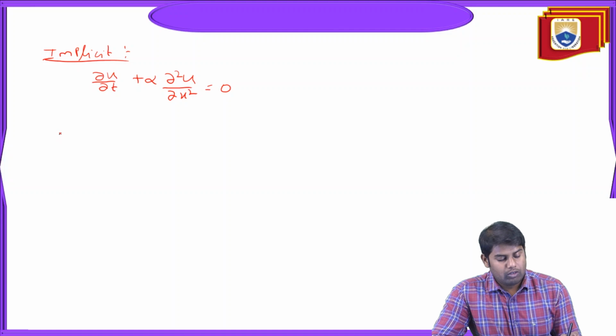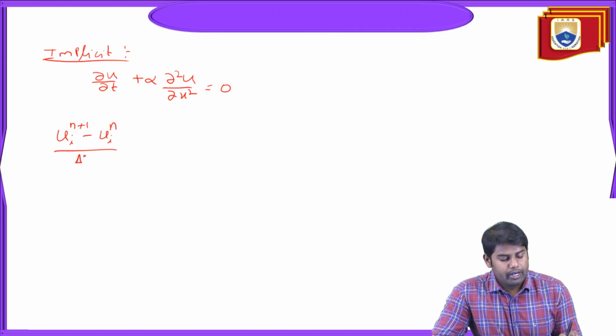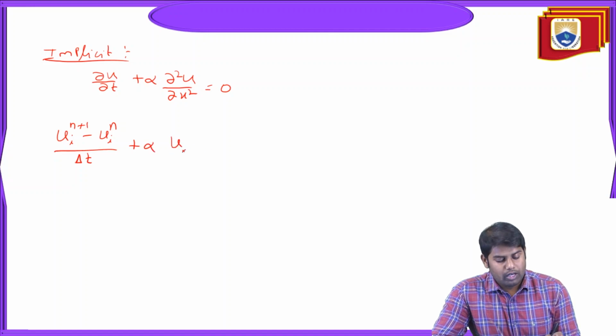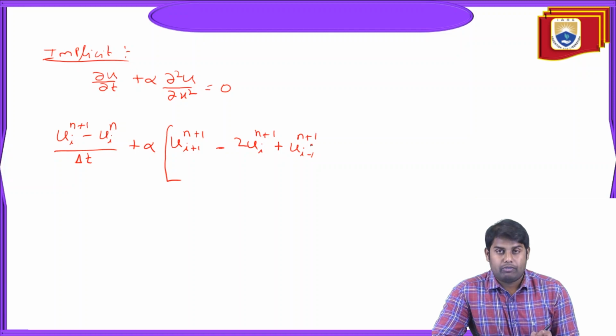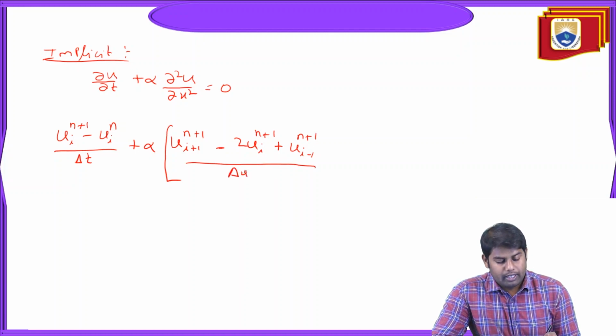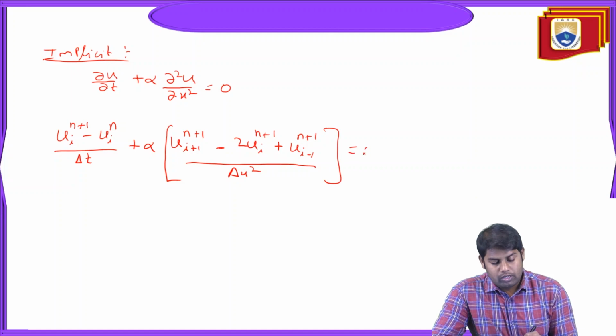So for the implicit method, we have u of i to the power of n plus 1 minus u of i to the power of n divided by delta t plus alpha times u of i plus 1 to the power of n plus 1, minus 2 u of i to the power of n plus 1, plus u of i minus 1 to the power of n plus 1, divided by delta x square, is equal to 0.